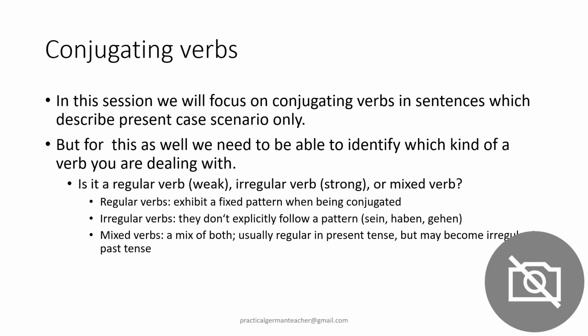Irregular verbs, however, do not follow a fixed pattern when you are trying to conjugate them. Three famous examples of irregular verbs are sein, haben, and gehen. Mixed verbs are a mix of the above two. They behave like regular verbs in present tense usually, but become irregular in past tense quite often.